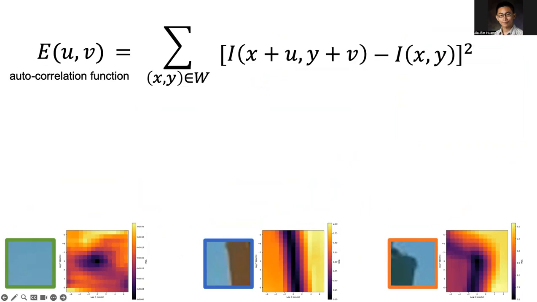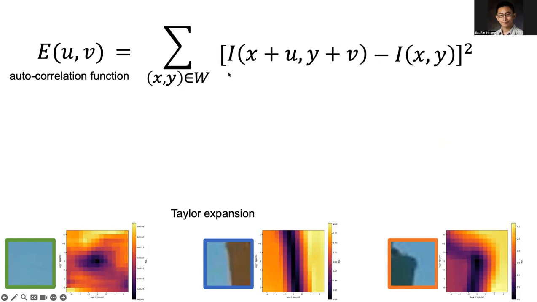We talk about this because u and v is the motion you want to compute, but u and v is inside this complicated function of the image. So what you want is a Taylor expansion of that.